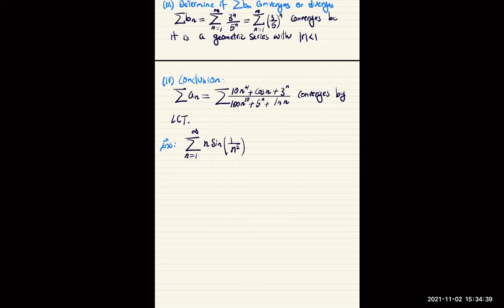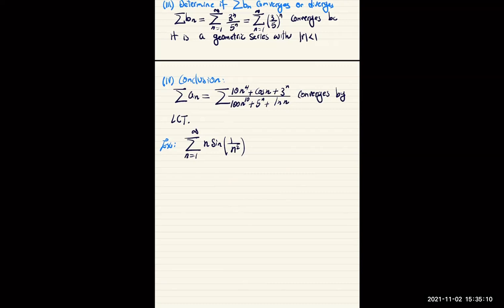Every time you see a sine of 1 over n, 1 over n squared, 1 over n cubed, sine of 1 over anything, then you do want to do a limit comparison test, okay? Because we have an asymptotic identity for sine of 1 over n. We know that sine of 1 over n is asymptotically the same as 1 over n.